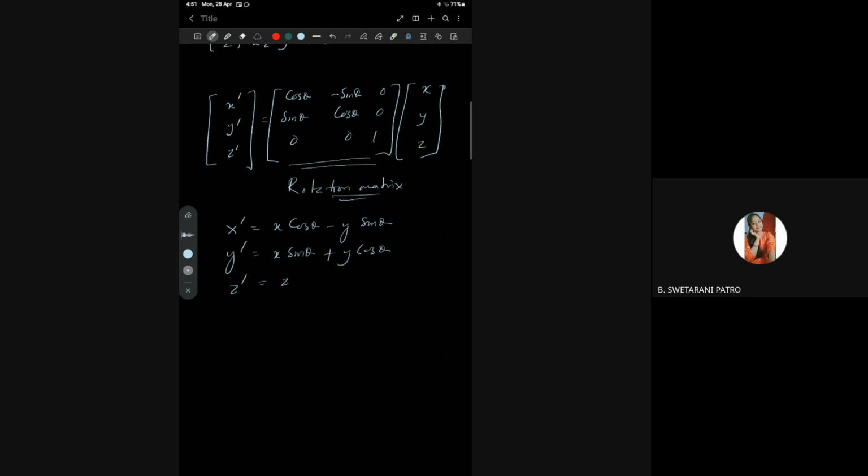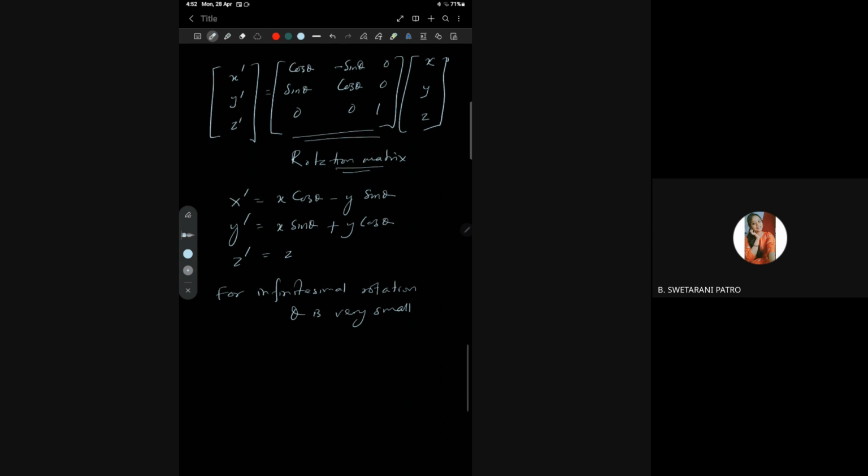Now, if theta is very small, an infinitesimal rotation, then sin theta goes to theta, and cos theta goes to 1.